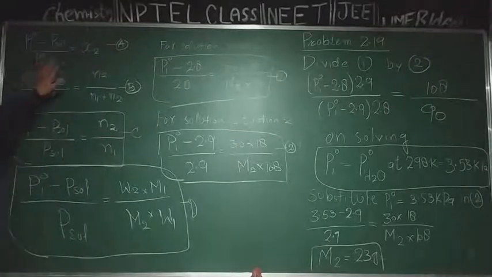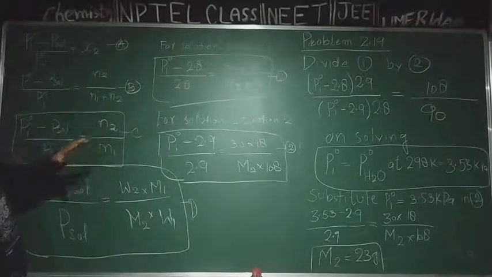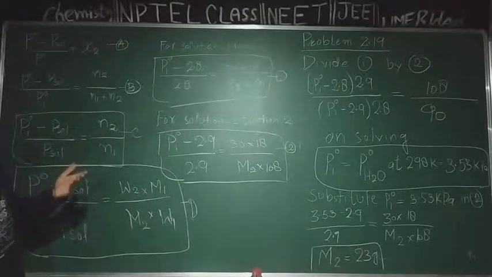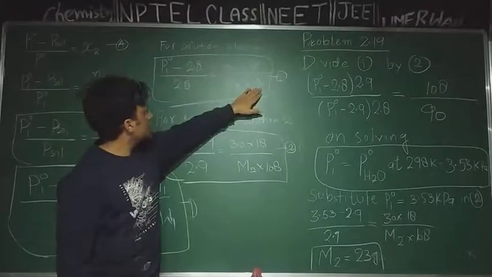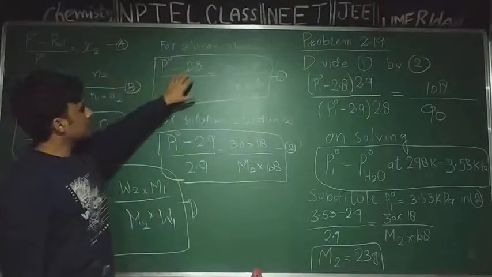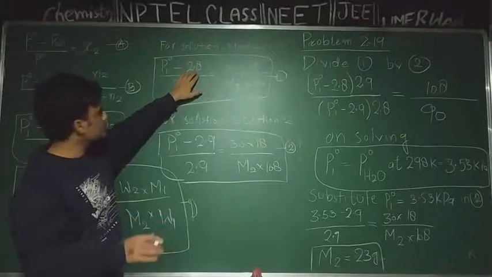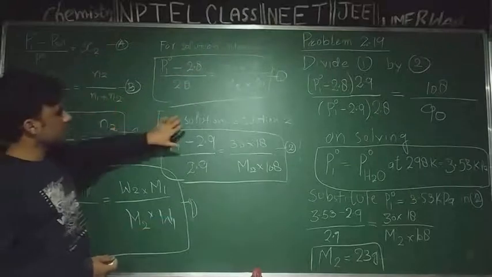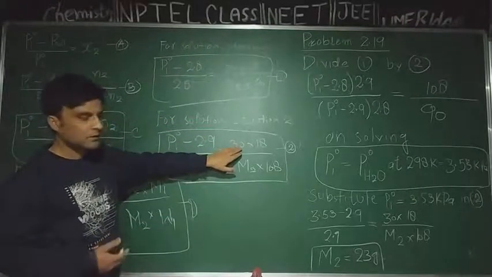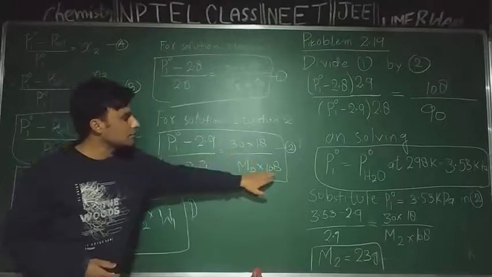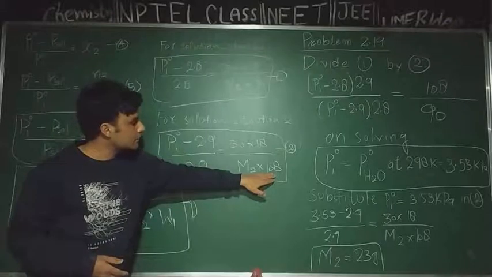Now let me recall. The problem was based on relative lowering of vapor pressure. In situation first, the solution had 30 grams of non-volatile solute in 90 grams of water. That time the vapor pressure of solution was 2.8 kilopascal, obviously lower than the vapor pressure of pure solvent. In situation second, the solution had the same 30 grams of non-volatile solute, but in 108 grams of water, because 18 grams of water was further added.